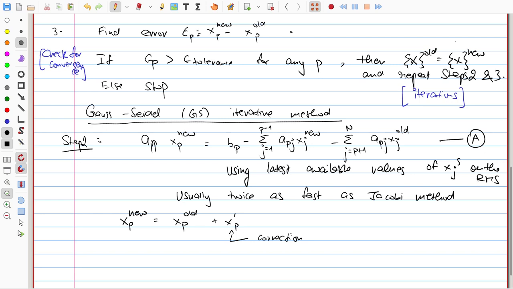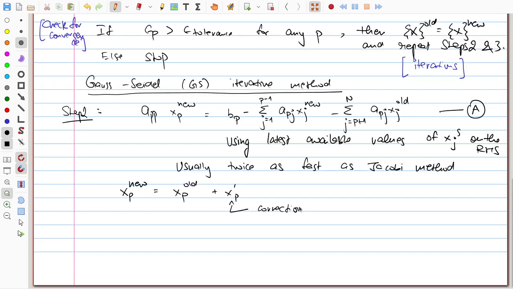While analyzing these kinds of iterative numerical techniques, we say that we have a correction x prime that, when added to x old, gives us the new x. And remember, this is for one iteration. In this analysis, we'll call this equation B.